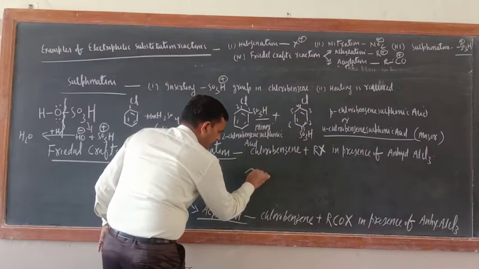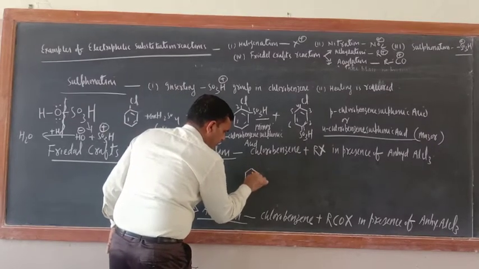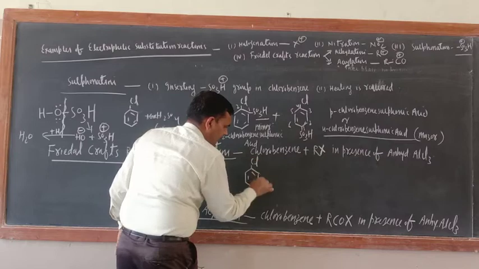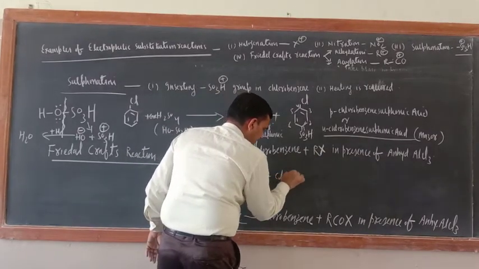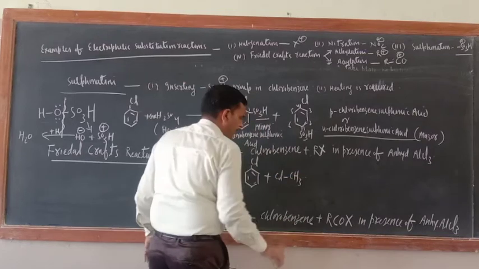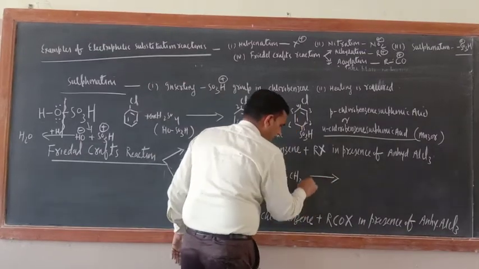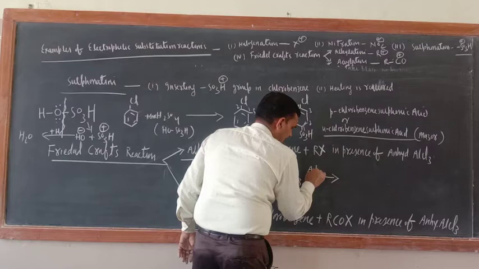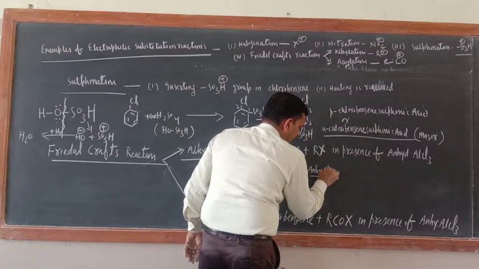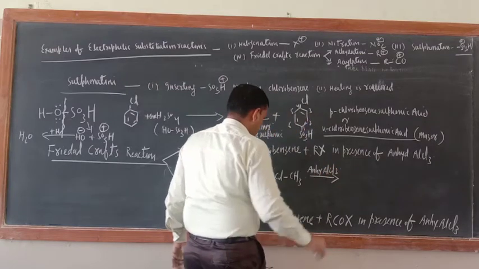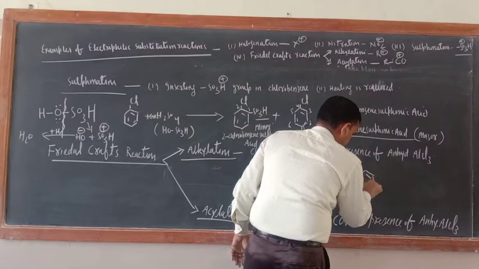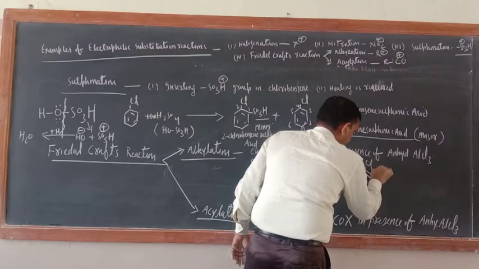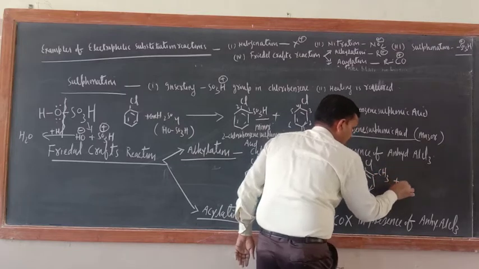Take chlorobenzene, Cl, plus CH3Cl, with anhydrous AlCl3. So what is the product here? The product is Cl and here CH3.